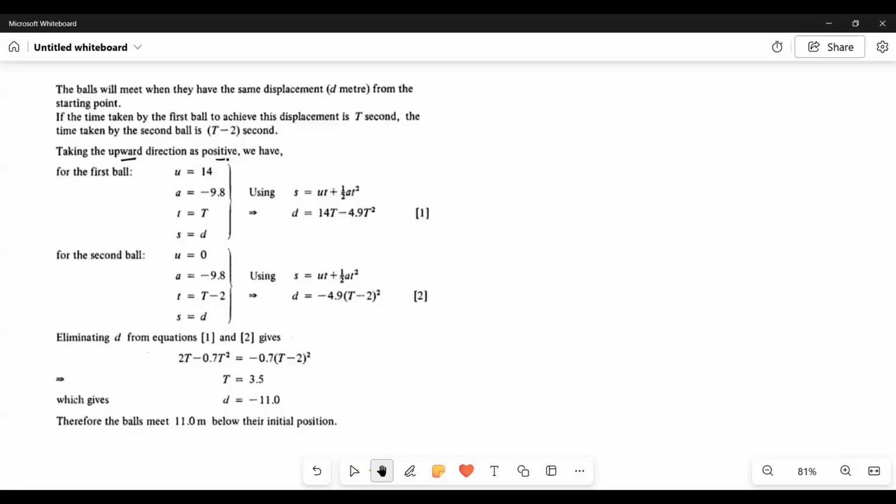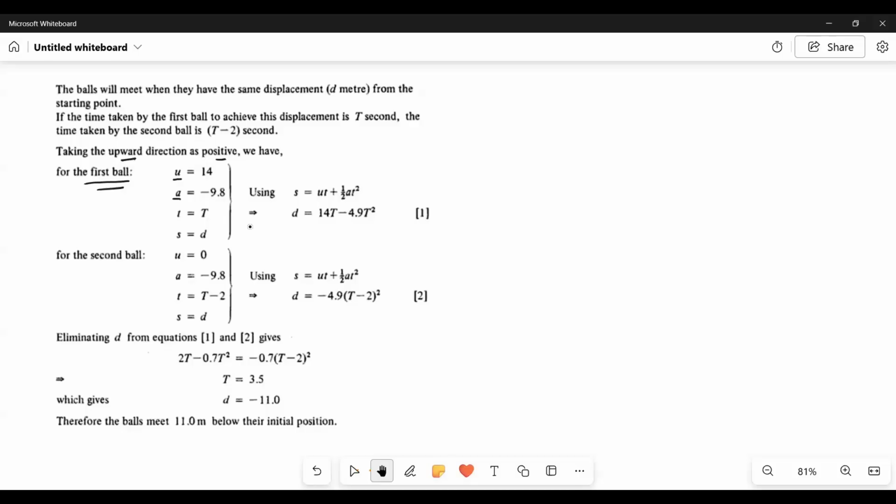Good. So for the first ball, forget that second ball. Don't go there yet. We're at the first ball. So what information do we have? U is 14. It's thrown up with 14 meters per second. A, notice they use negative 9.8. The reason is that we're taking up as positive, but acceleration due to gravity is acting down.